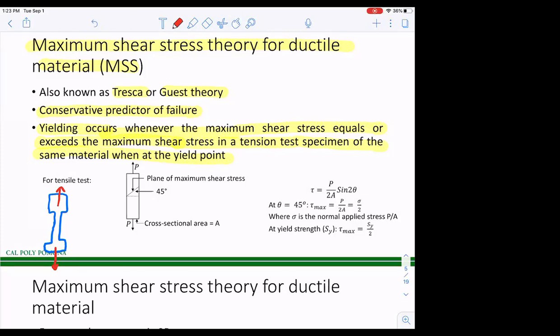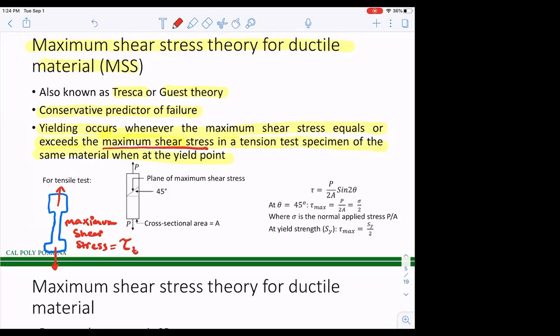Okay, when you reach your yield point, the maximum shear stress that you're going to be seeing here, when it reaches this yielding point, say that value is tau, I'm going to call this tau t.